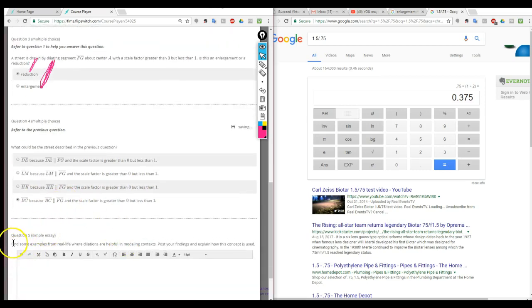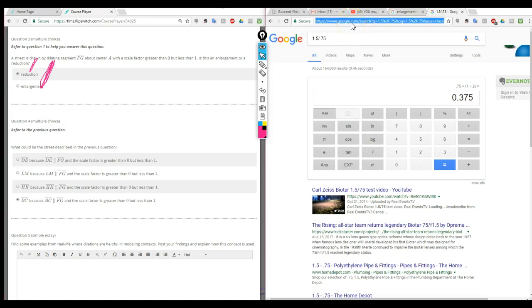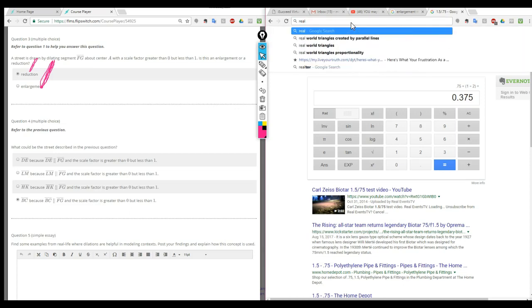Alright, question 5. Find some examples from real life where dilations are helpful in modeling context. Post your findings and explain how this concept is used. So, to model this, I would type in real life examples of dilations.